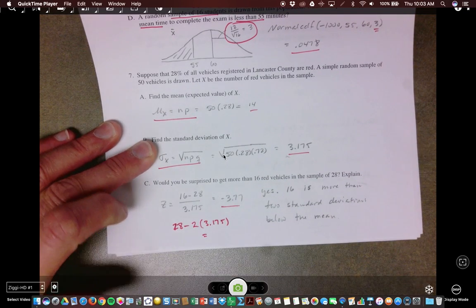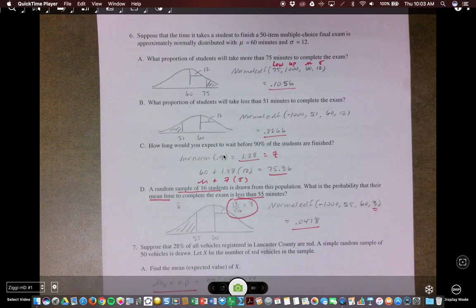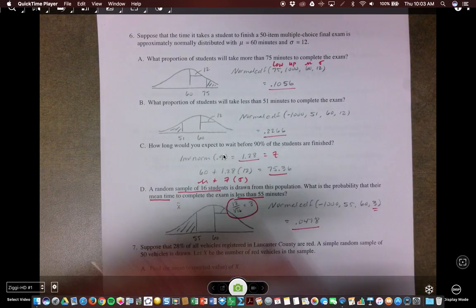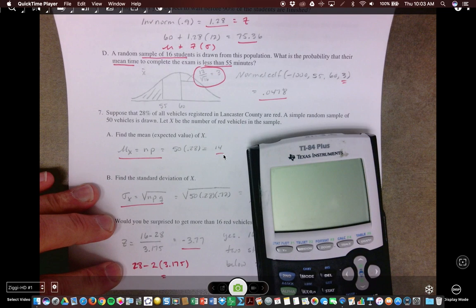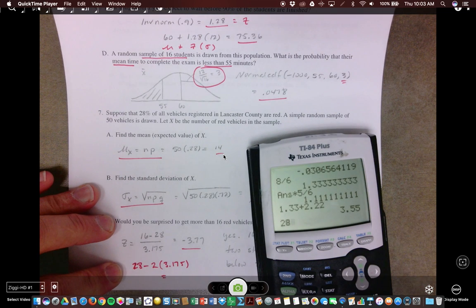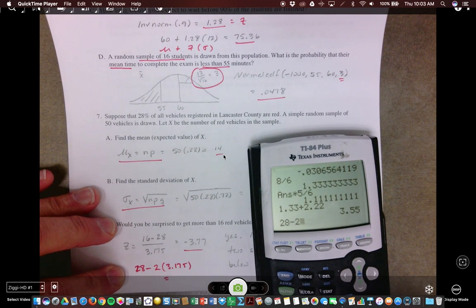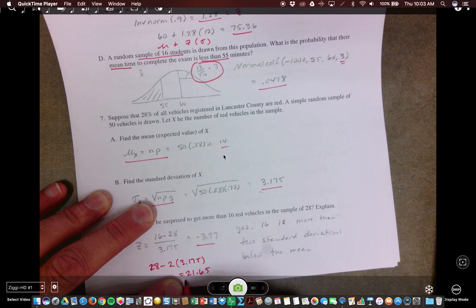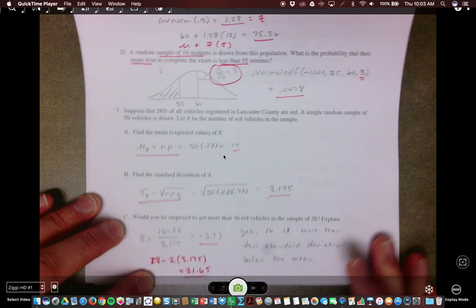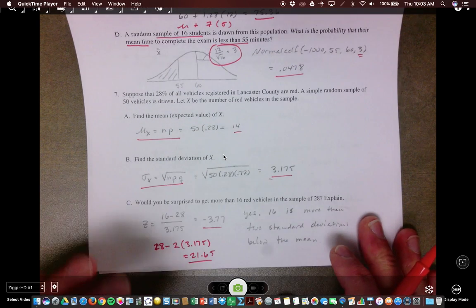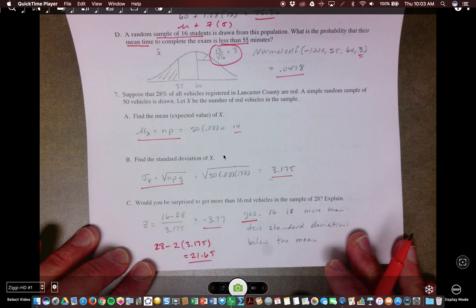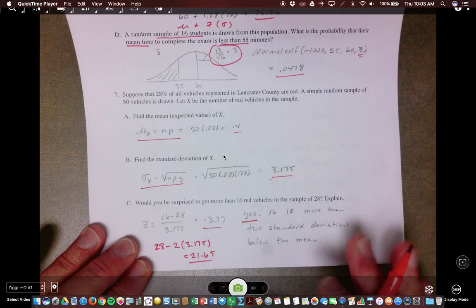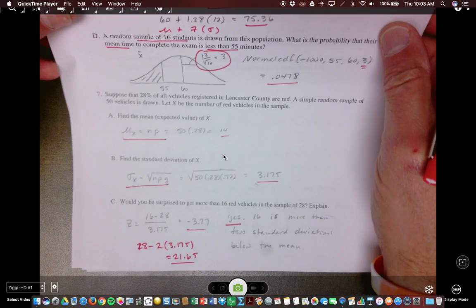I didn't do that on here, but let's see what that is. 28 minus 2 times 3.175 is going to give me 21.65. This is that lower fence, and 16 is well below 21.65, so the answer is still yes, with a little bit different explanation. Either one of those explanations is perfectly fine.